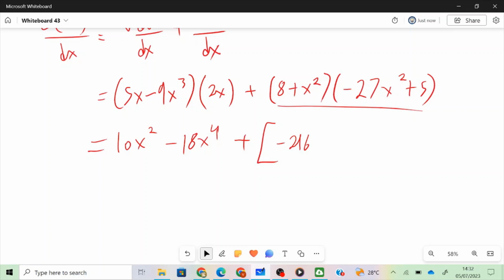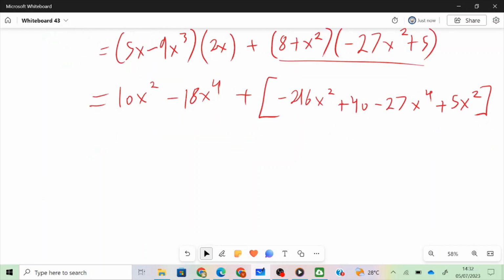Minus 216x squared plus 40 minus 27x to the power 4 plus 5x squared. And now we just simplify, collect our like terms.